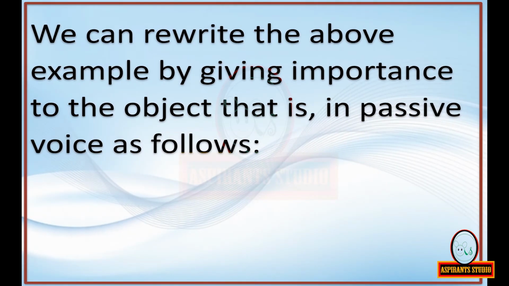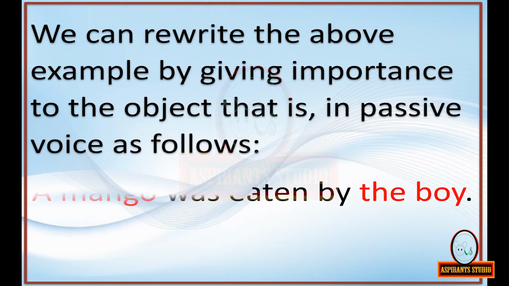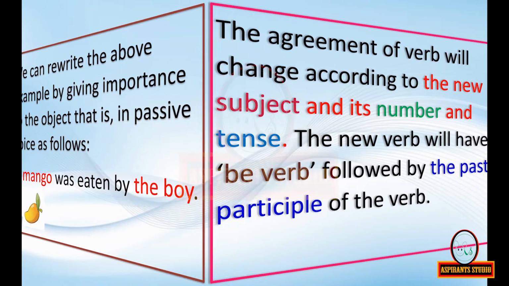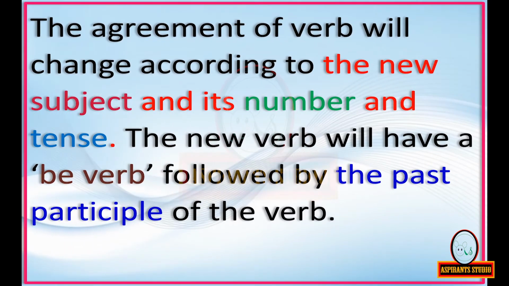So, we can rewrite the above example by giving importance to the object that is in passive voice as follows. A mango was eaten by the boy. The agreement of verb will change according to the new subject and its number and tense.